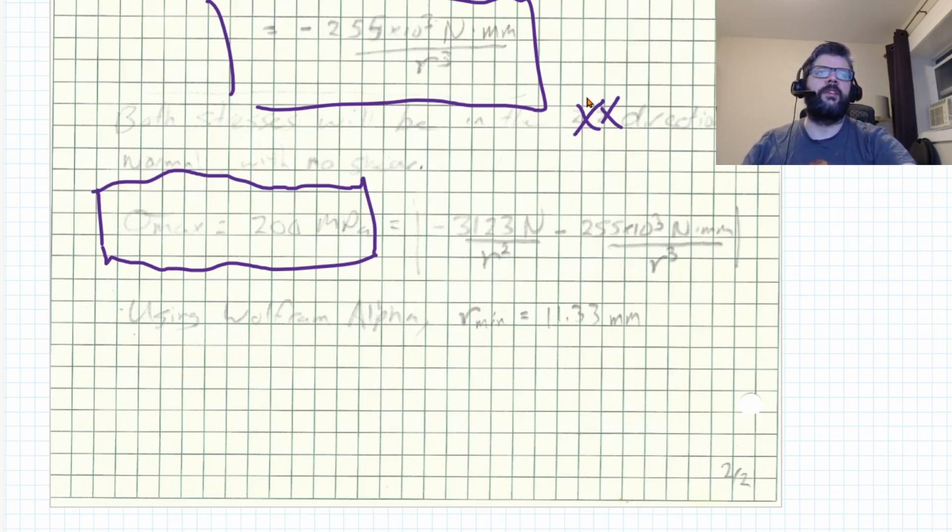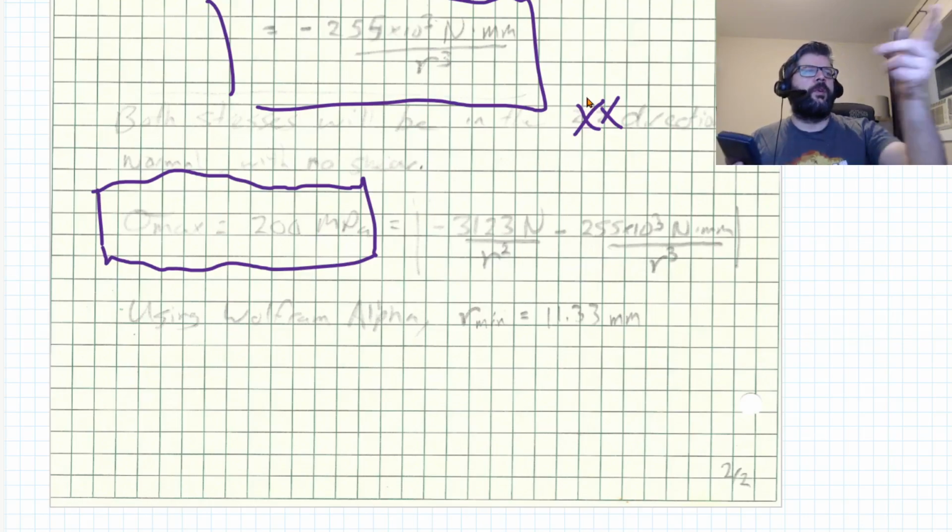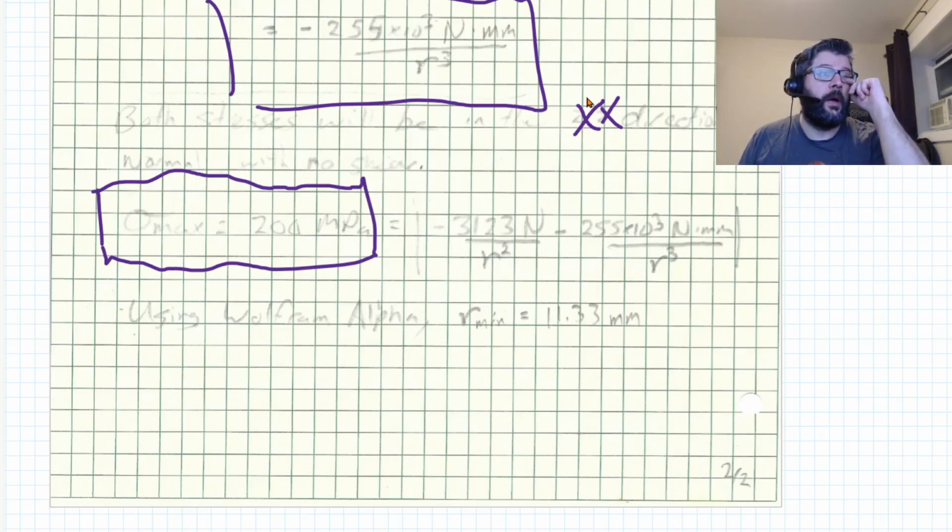So that's the maximum absolute value of the stress that we can withstand before this thing starts to yield. So just take the absolute value of those two things added together, plug it into Wolfram Alpha, and solve for r min.